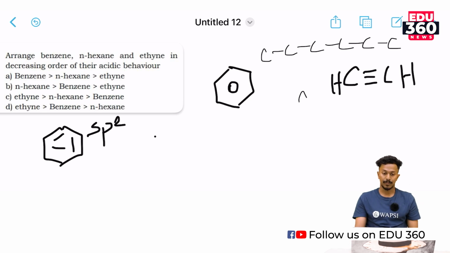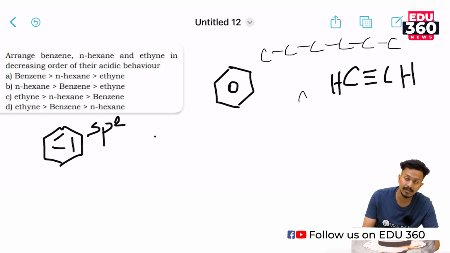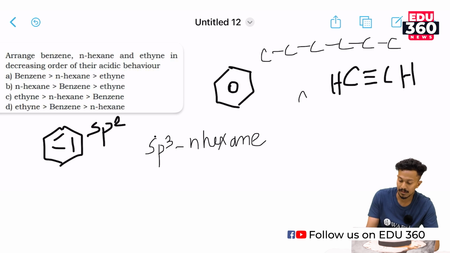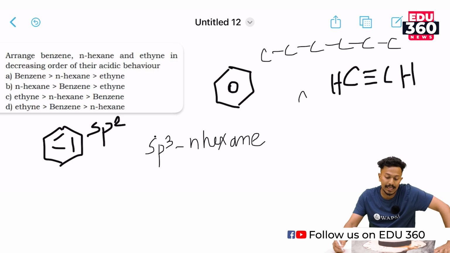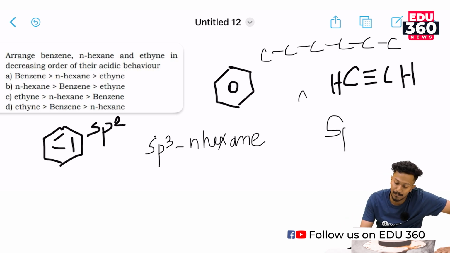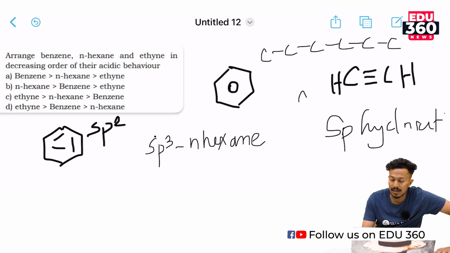Normal hexane has sp3 hybridization, and ethane has sp hybridization in each of their carbon atoms.